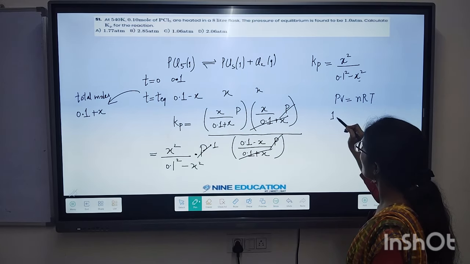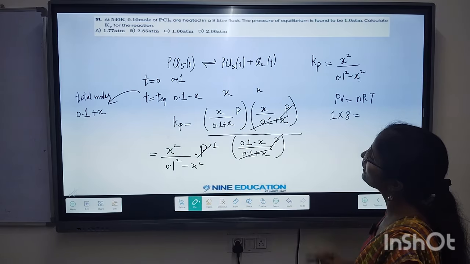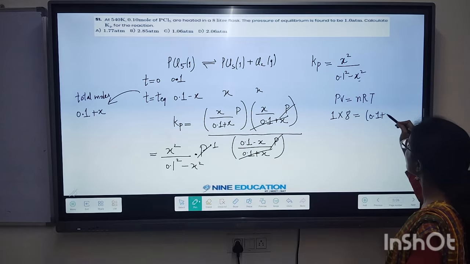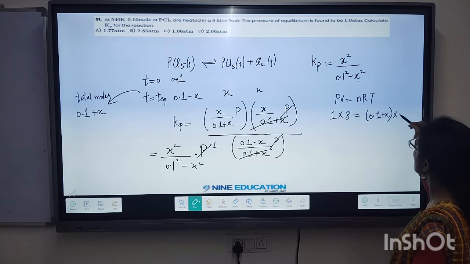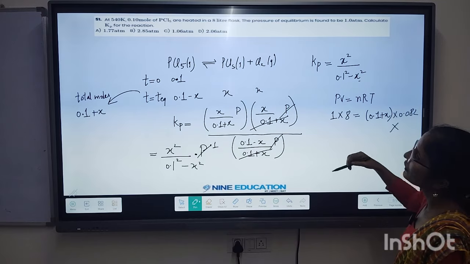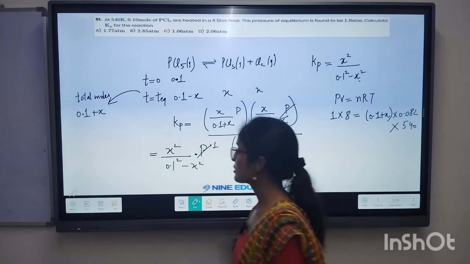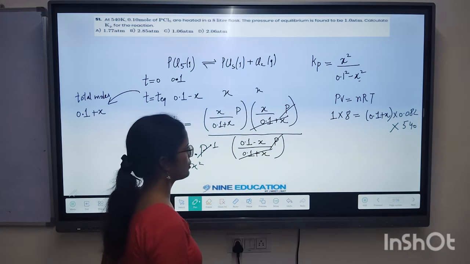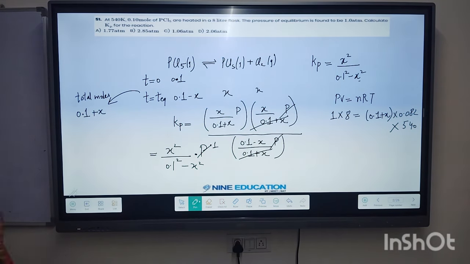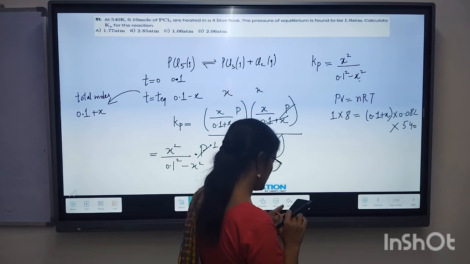Pressure is 1, volume is 8, n at equilibrium is 0.1 plus X, R value will be 0.082 and capital T will be 540. Now let me quickly do this calculation with the calculator, and we'll come to the value of X here.